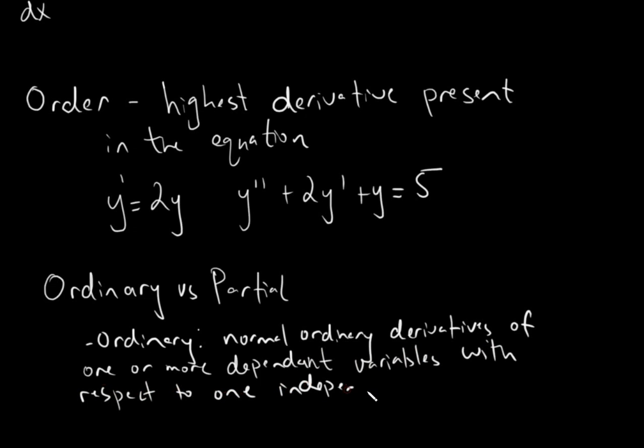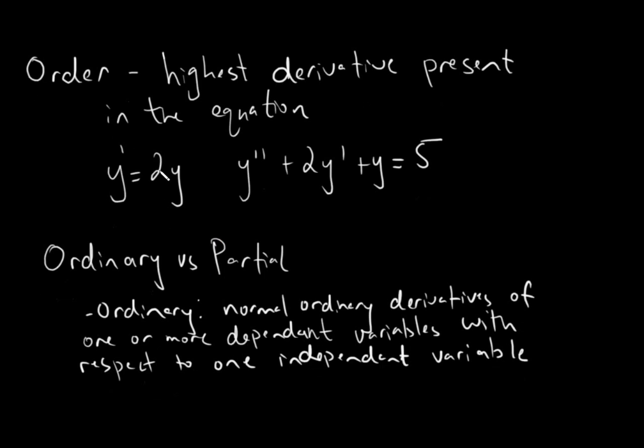So the equations we've seen so far are ordinary differential equations, because we have a derivative right here, and it's concerned with one dependent variable and one independent variable.